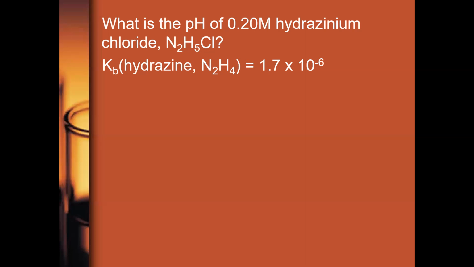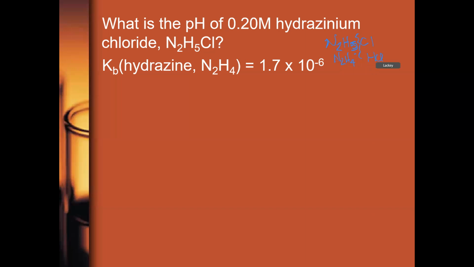So yet again, I'm going to rewrite this to the side. We can figure out which part of the equation we deal with, the anion or cation, split it down the middle. The N2H5 can give up a hydrogen to become N2H4, and chloride can accept a hydrogen to become hydrochloric acid.